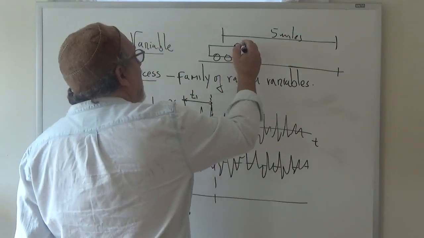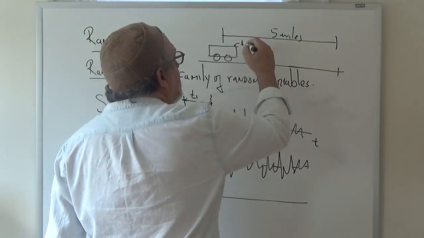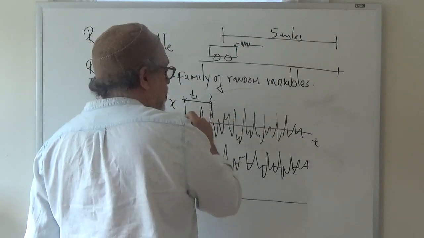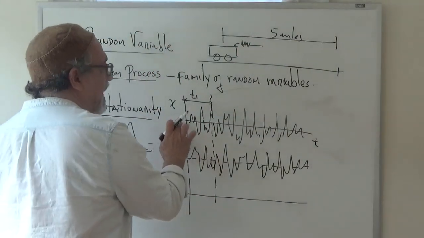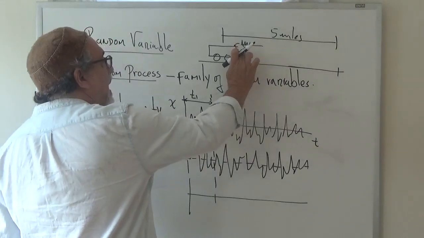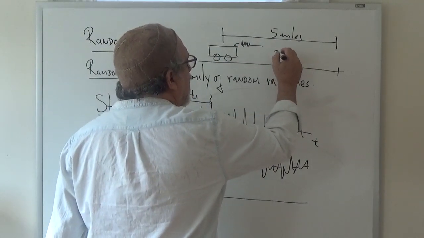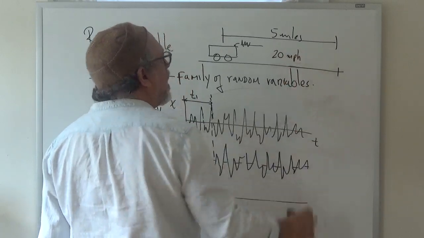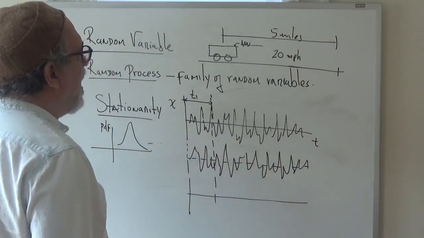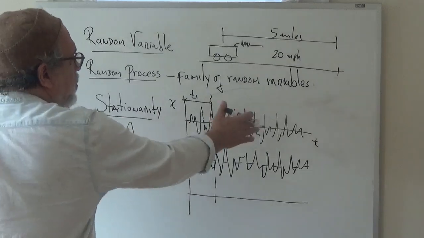Okay? And that sensor, while you're riding, is recording the accelerations, and so you get that signal. So let's say that that signal is what that accelerometer picks up as you drive those 5 miles at 20 mph. So you're going 20 miles per hour for 5 miles, and your accelerometer measured this.